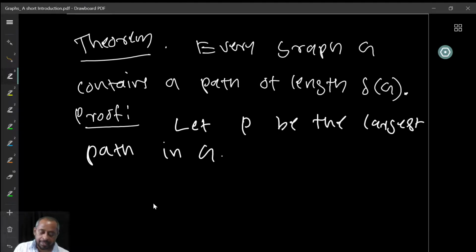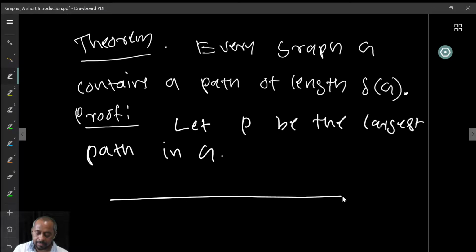So let P be the largest path in the graph. Let's say that it is here. Maybe it starts from some vertex U and ends in some vertex V.